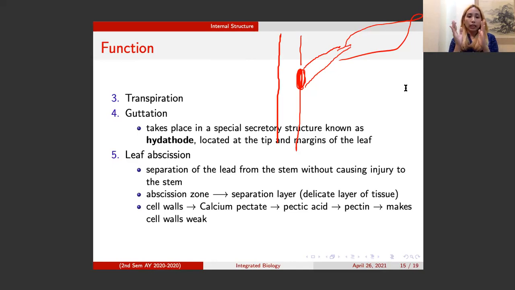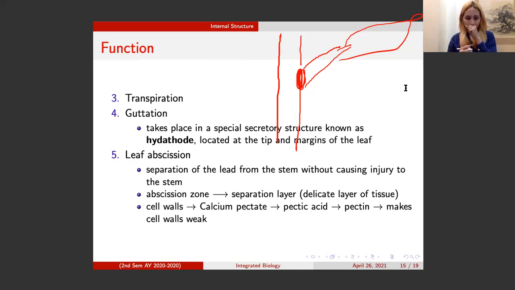Okay? Now, in this abscission zone, we have what we call the separation layer. The separation layer contains a delicate layer of tissue. It goes around, circular. You will see it under the microscope. Okay. Now, the main target of certain enzymes during abscission would be the cell walls of the separation layer.